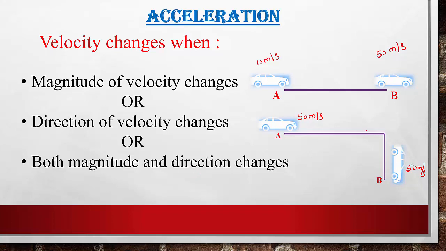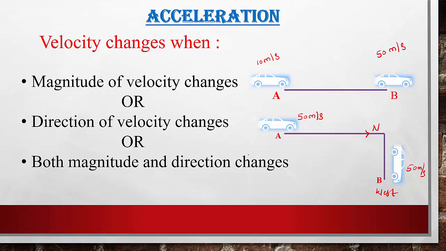Initially it is traveling along the north direction, but at point B it is along the west direction. Here the direction is changing. So when its direction changes, we say that the car is accelerating. That means its velocity is changing, either its magnitude or direction, or sometimes both magnitude and direction are changing.